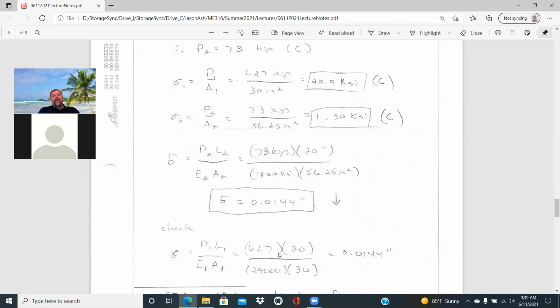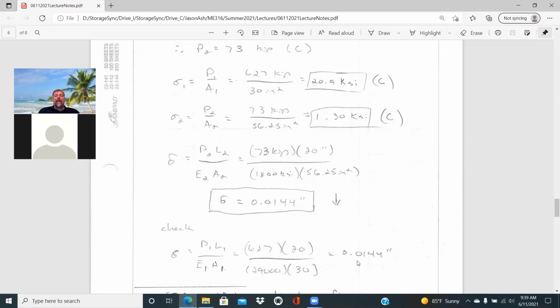P1L1 over E1A1, and 627 kip, 20 inches, 29,000 KSI, and 30 inches squared will give us the same displacement, 0.0144 inches.